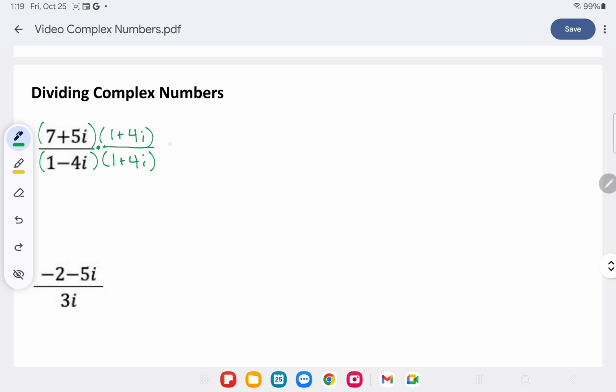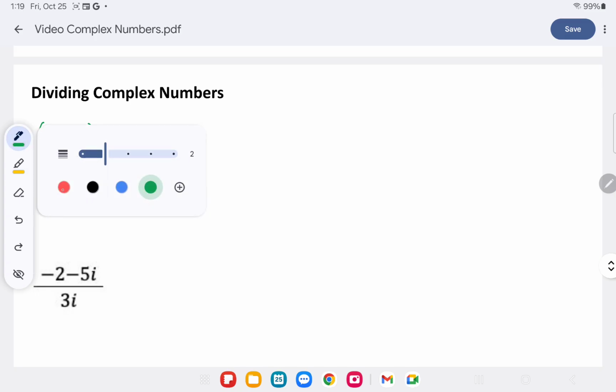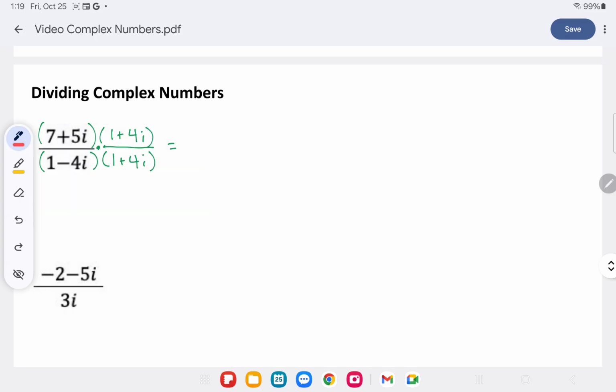So I'm going to start by FOILing the denominator so you can see why we wanted to do this in the first place. So I'm going to take 1 times 1, 1 times 4i, negative 4i times 1, and negative 4i times positive 4i.